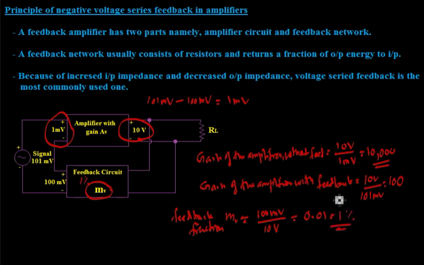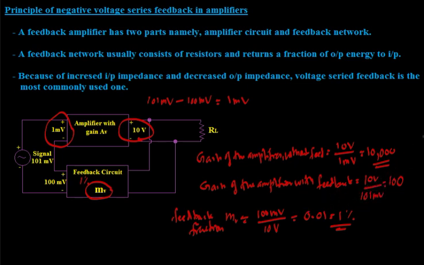So these are the cases with a voltage series feedback, and you can see that the voltage gain of the amplifier is reduced when we are using a negative feedback.